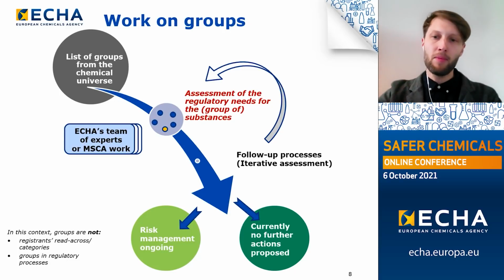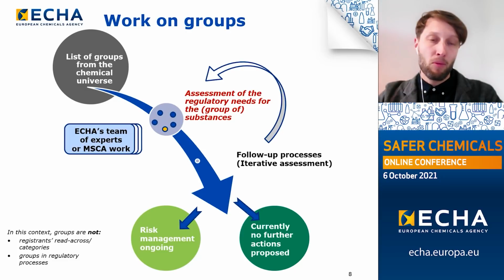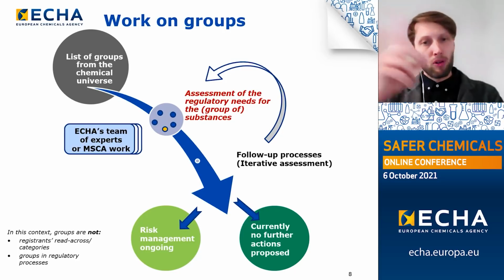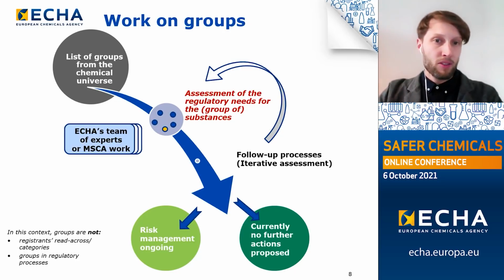Once we have such a group, we have a team of experts within ECHA, but also sometimes from the member states, who make a first assessment. They identify actions, follow-up processes, and once these processes have concluded, the group of experts will come together and look again at the improved basis of information and update their knowledge, their proposals for what needs to happen further.